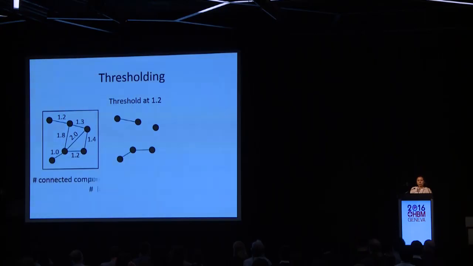So this network has 3 connected components with no hole. If we threshold it at 1.8, the number of connected components is 1, and the number of holes is 1. In this way, depending on the threshold, we have different numbers of connected components and holes.